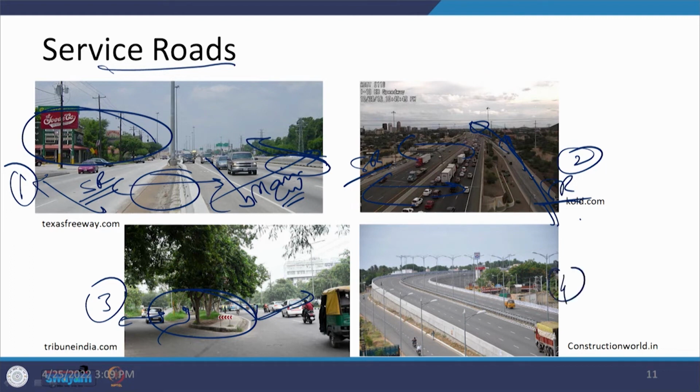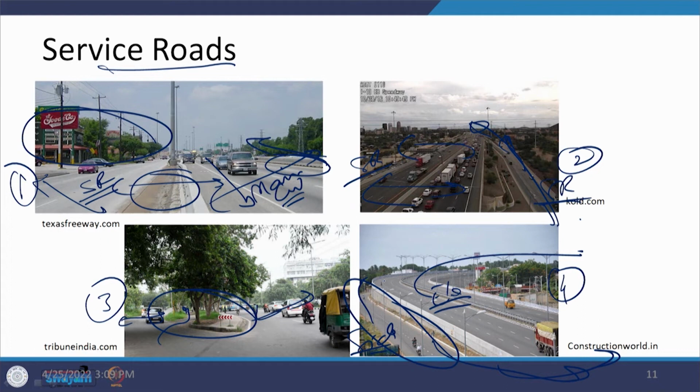In case 4, there is an elevated system being provided, and the connectivity of this elevated system with the side development is to be looked at. That is where this road is there, which is going to have a connectivity at this point, and as it goes away, this remains here and takes care of the traffic which is induced or attracted to the local development.